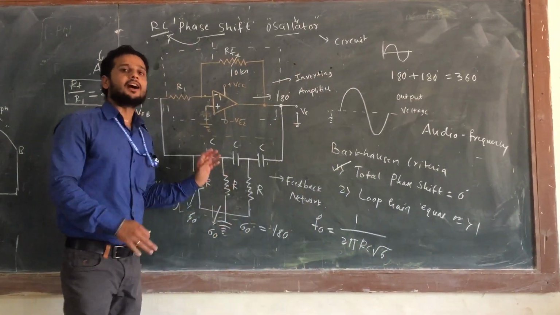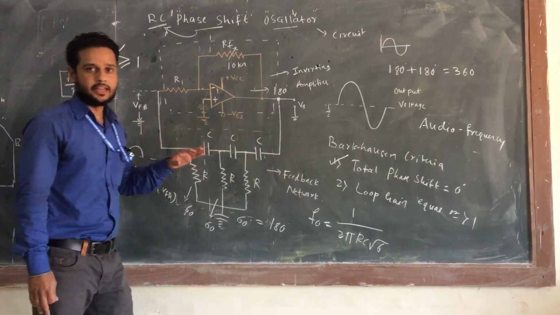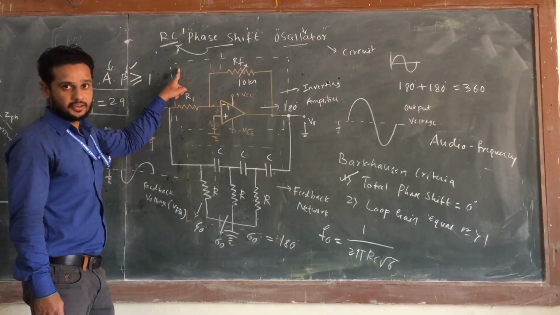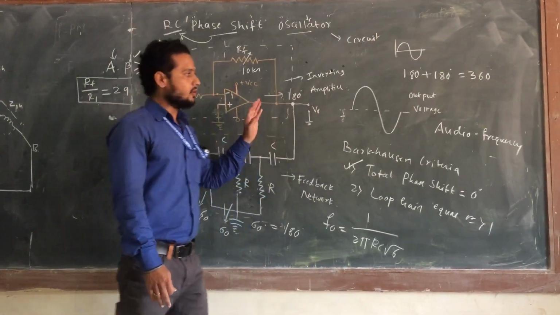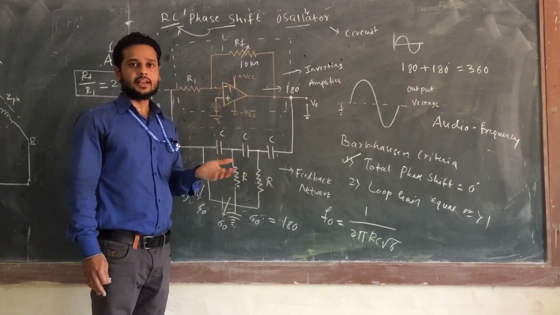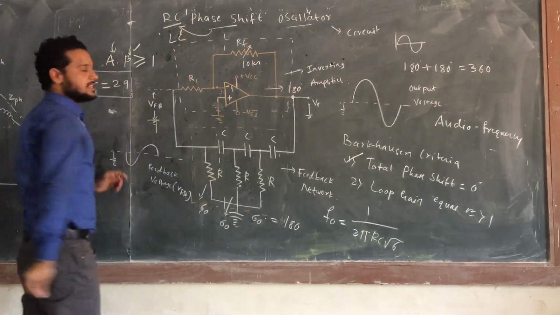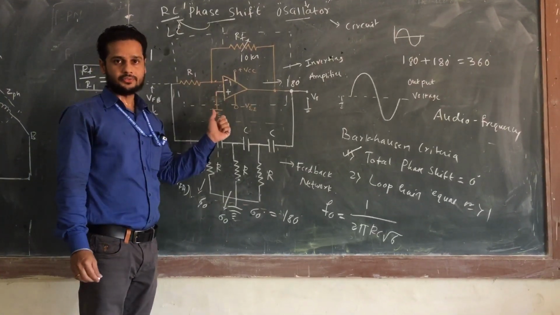If you want to generate a larger value of frequency without applying input, then you have to go for the LC oscillator. This RC phase shift oscillator is suitable for audio frequency ranges. If you want to generate a higher frequency like radio frequency, then you have to use an LC oscillator. This is the application of the RC phase shift oscillator.